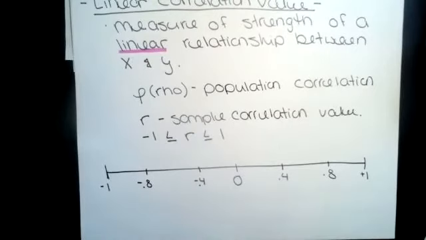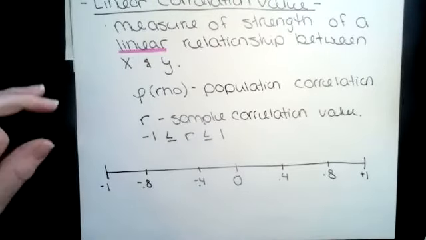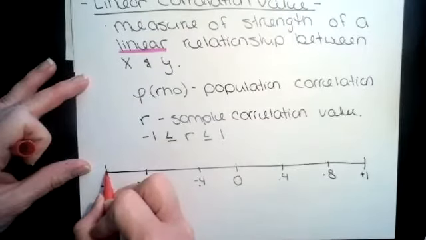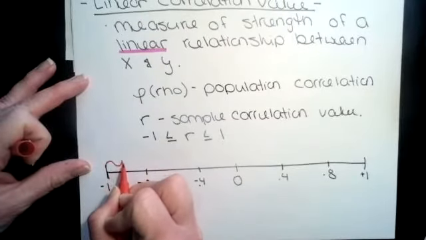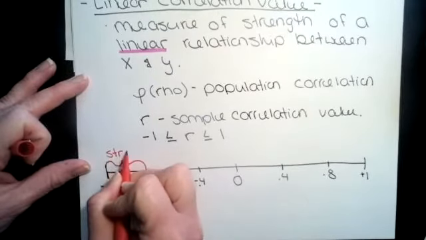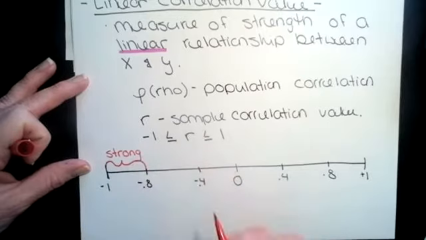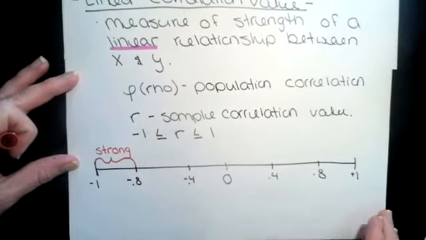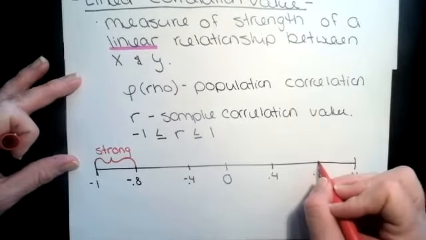With this, we consider an R value that is between -1 and -0.8 to be strong. So we have a strong linear relationship between X and Y. And the same thing on the positive side.